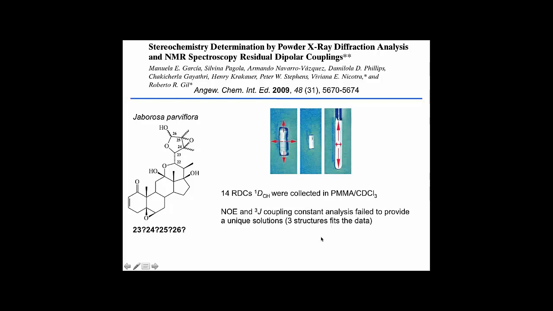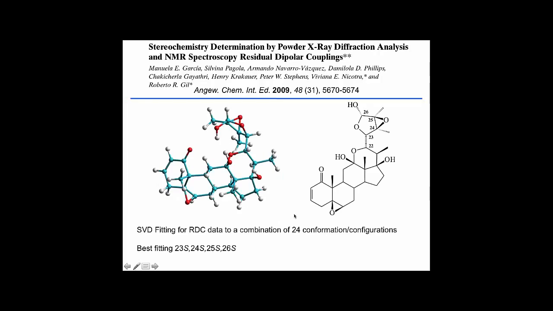So we had limitations using NOE and J coupling. We collected the RDCs and fit them to 24 conformation-configuration combinations, and the best fit was given by 23x, 24x. In fact, it was SSSS, and this was published here.